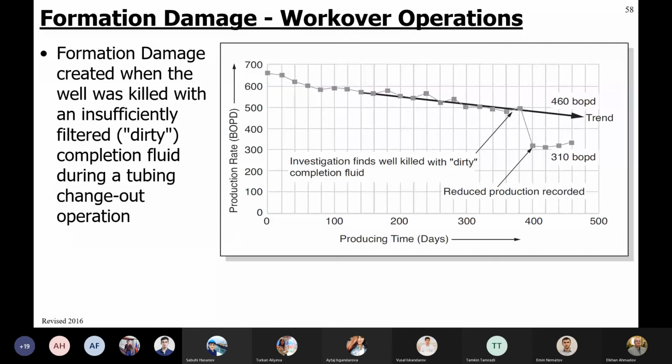Just during this very simple operation of tubing change out.